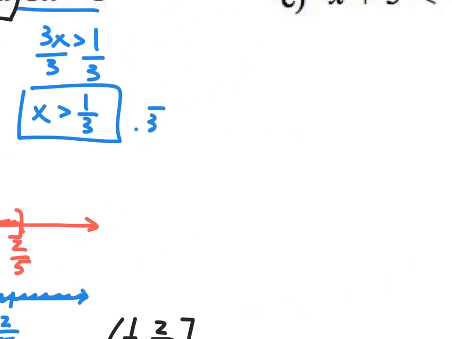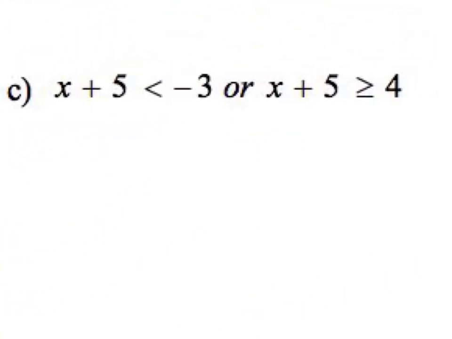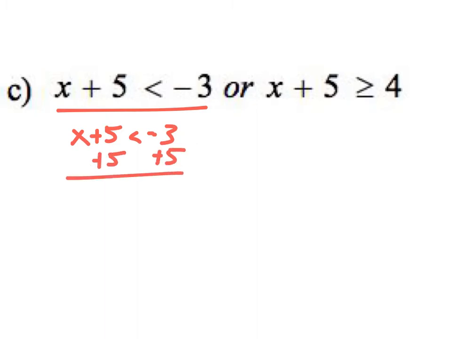All right, let's look at part C. Now this one is a union. What I'm going to do on this one is solve this one first. So I've got x plus 5 is less than -3. I'm going to go ahead and add 5 to both sides, and that's going to give me that x is less than 2. -3 plus 5 is 2.